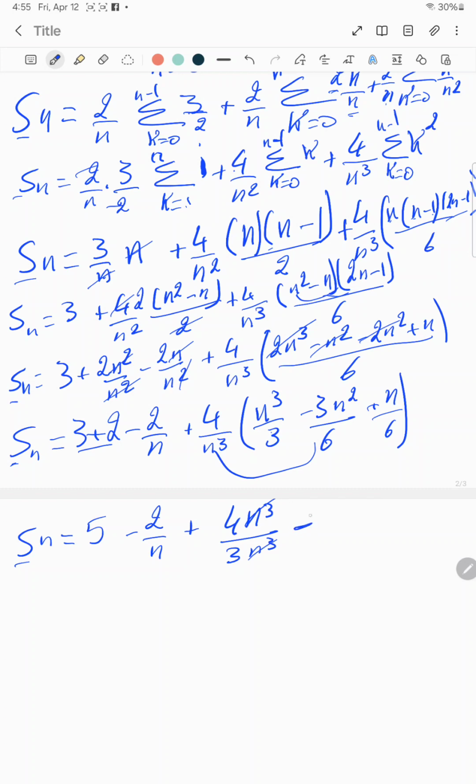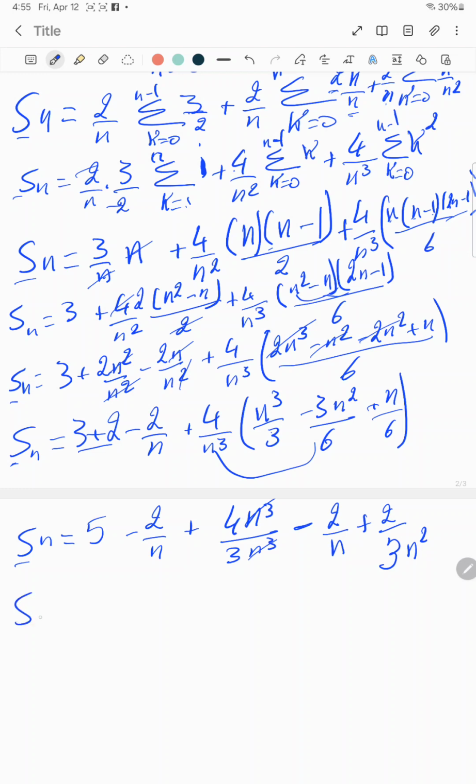Plus times minus is minus. 12 divided by 6 is minus 2 divided by n, because n2 divided by n3 is 1 divided by n. Plus 4n divided by 6, it becomes 2 divided by 3 n2.